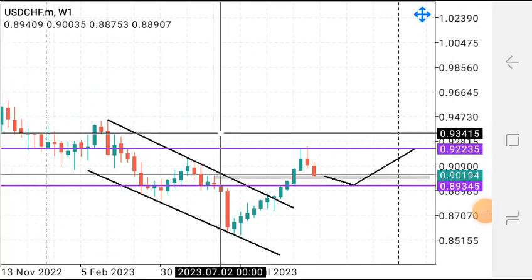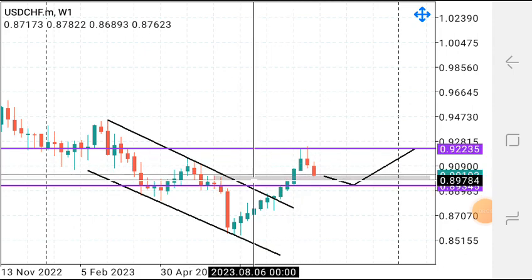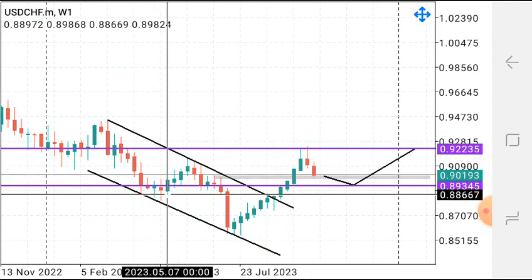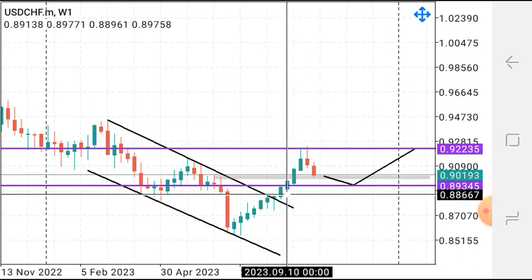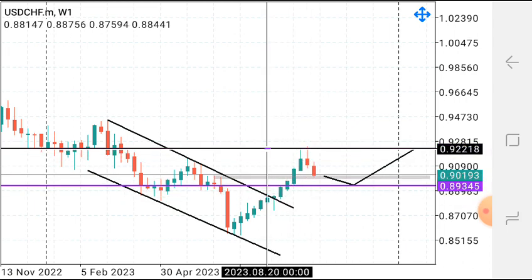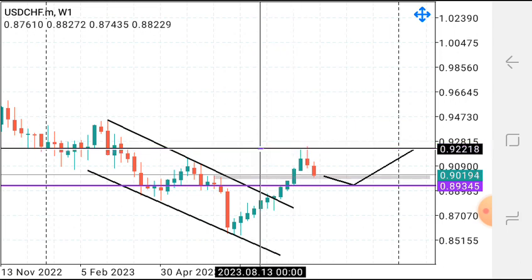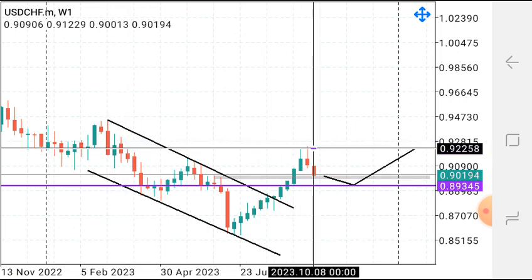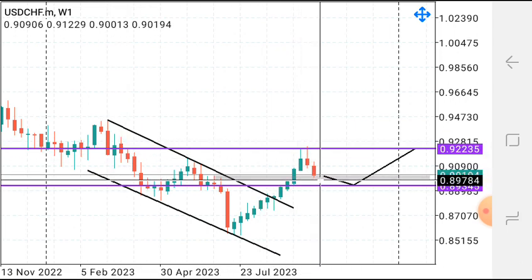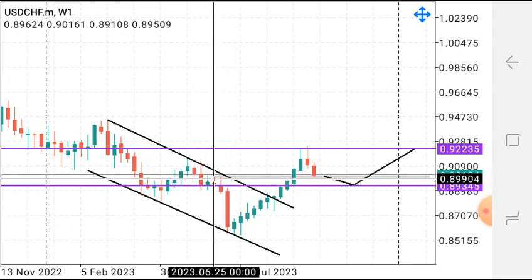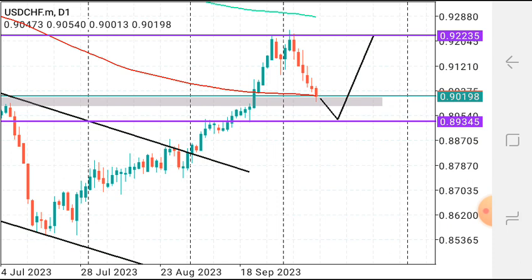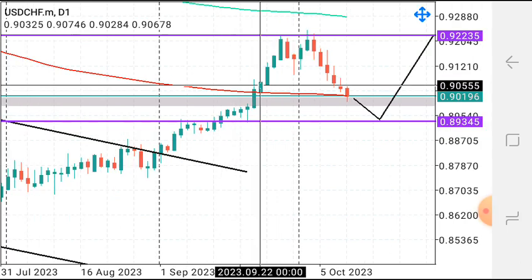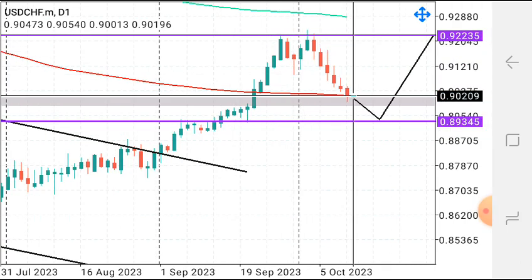Now on the USD/CHF on the weekly time frame, we see that this channel has been in a downtrend. Eventually it broke out after a couple of weeks and became an uptrend. Now we found a high there and there's a strong resistance, so price rejected from there and is currently testing the previous demand zone. We're still in an uptrend regardless of the couple of days' drop.